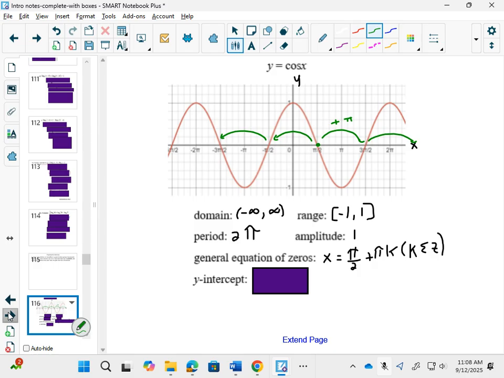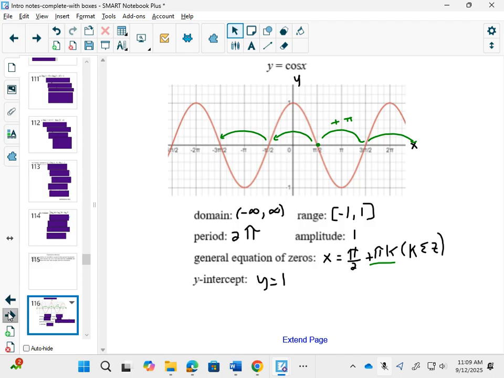Then if you added pi again, you'd get to another one. Or you could go backwards and subtract pi, and that's what this plus pi k means, right? Because we say that k is an integer. That tells us that we can add or subtract pi as many times as we would like. And of course, our y-intercept, that's easy to see that that's at 1.